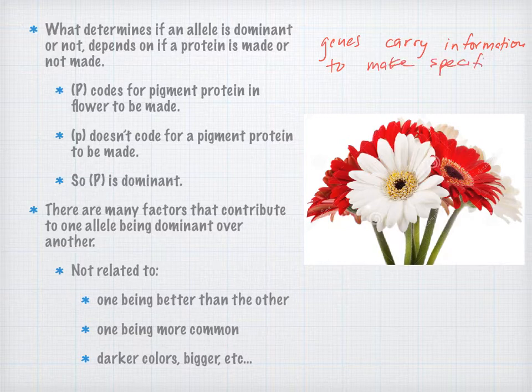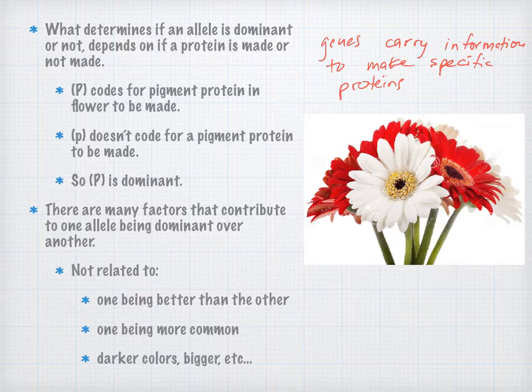So, for example, with this flower color, in order for this flower to express the color red, it has to have a protein made that puts this red pigment into the flower.